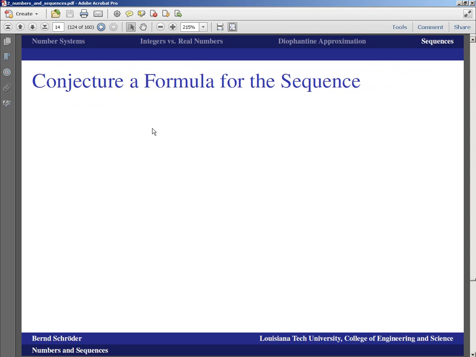Okay, so what can you do with sequences? Well, one of the things that is on certain kinds of intelligence tests, if you will, is that you can conjecture a formula for a sequence, or at least try to find the next term. And so, for example, if I give you the sequence 5, 7, 9, 11, well, okay, those are all odd numbers, which means that the next term is 13.